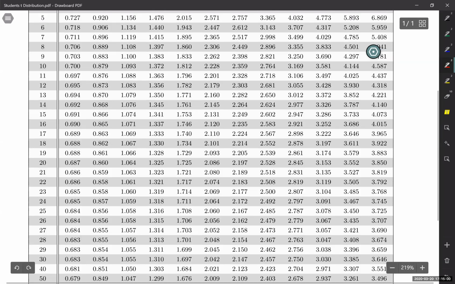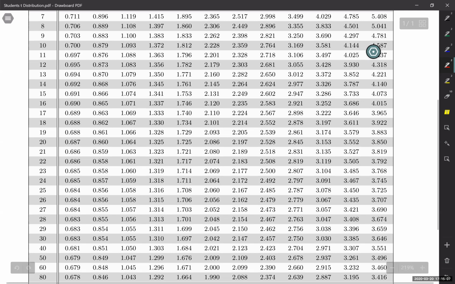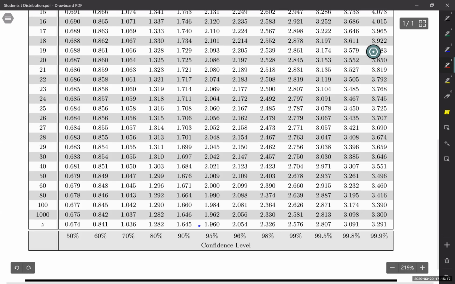Because remember, 1 through 30, certain things happen with regards to being kind of on the small side. But once you're bigger than 30, then we start jumping: 40, 50, 60. Then we jump to 80, 100, and then finally 1,000. And then the last one actually says z, because these would be the z scores associated with these percentages.